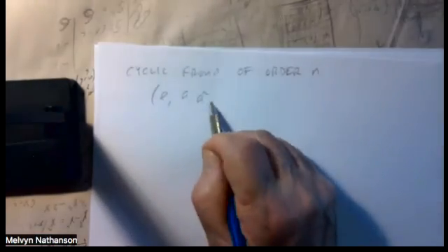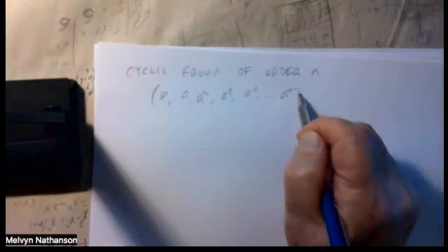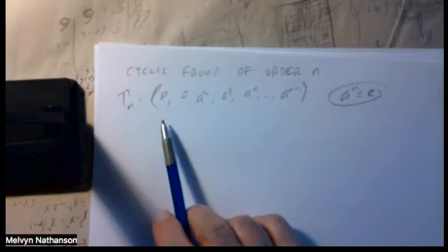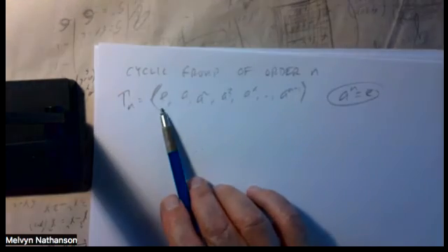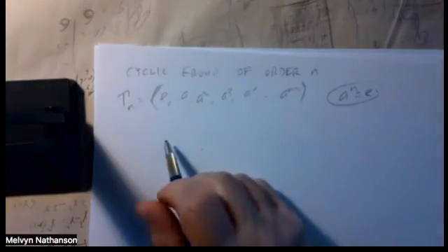You have an identity e and an element a. You just start multiplying a by itself. I'll call this gamma sub n, and a to the n is the identity. So you just have a set of these n symbols, e and then the powers of a up to a to the n minus 1, with the rule that a to the n equals the identity.